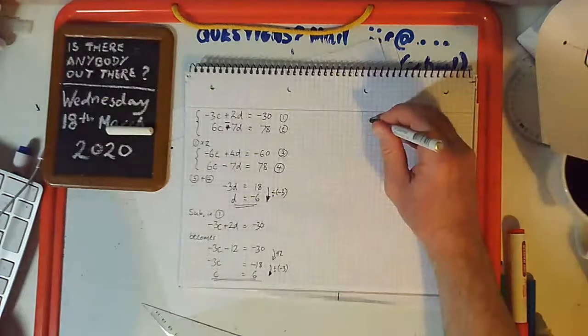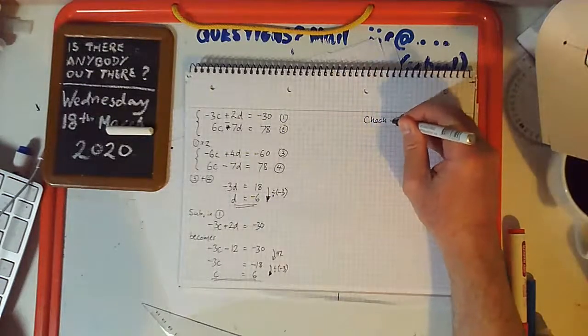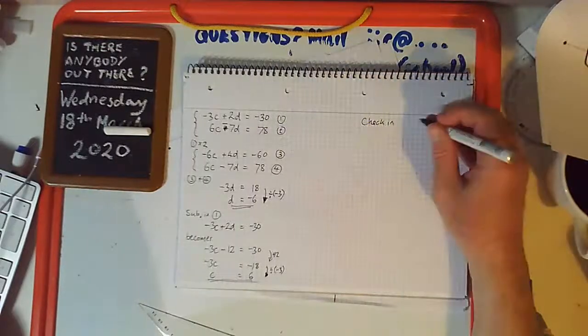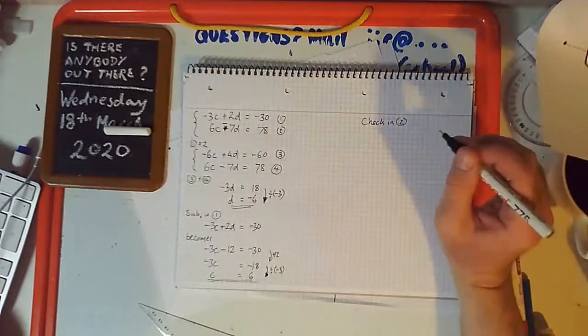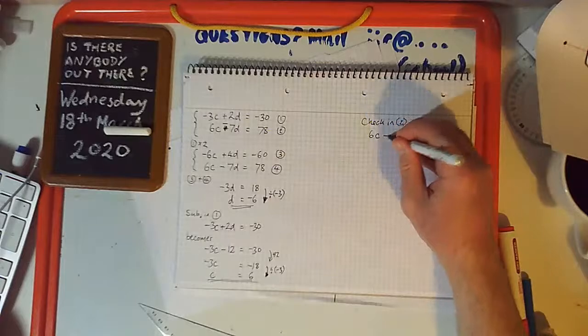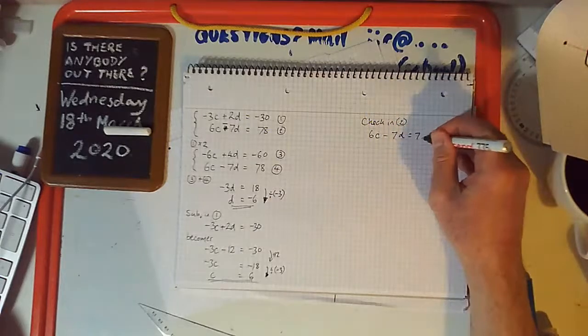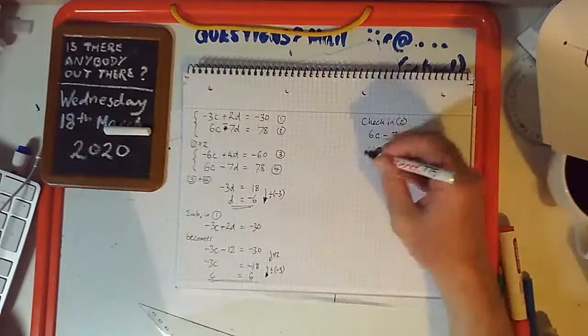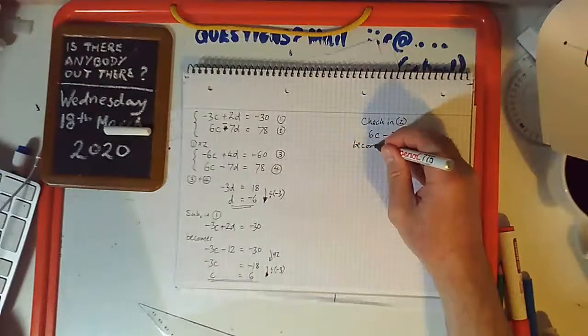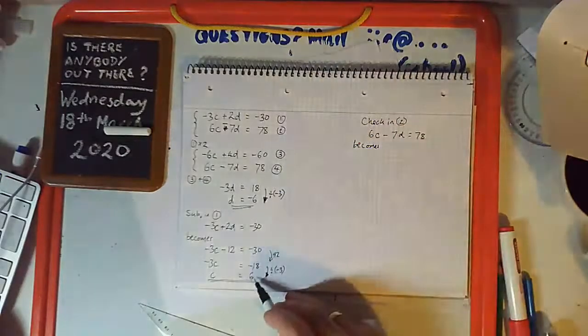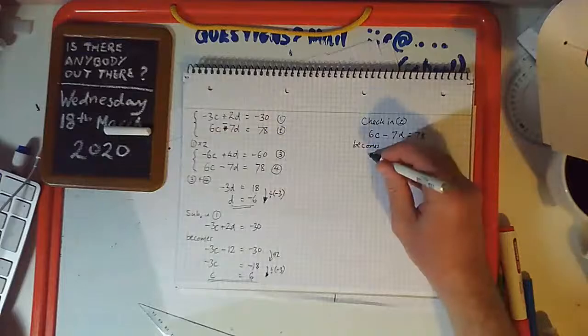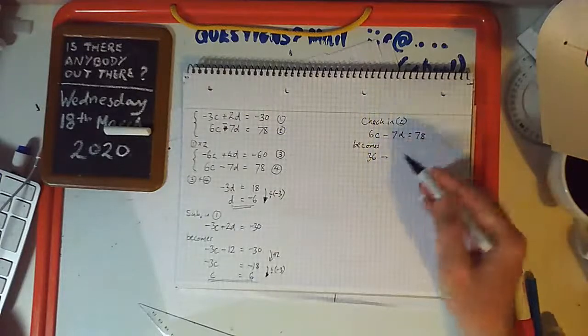And then it's good practice just to check that in the other one of the original equations that you didn't use. So 6C minus 7D equals 78. I know that C is 6, so 6 times 6 is 36 minus 7D.